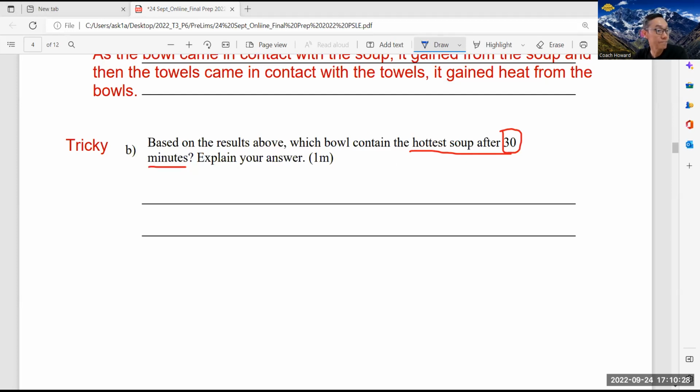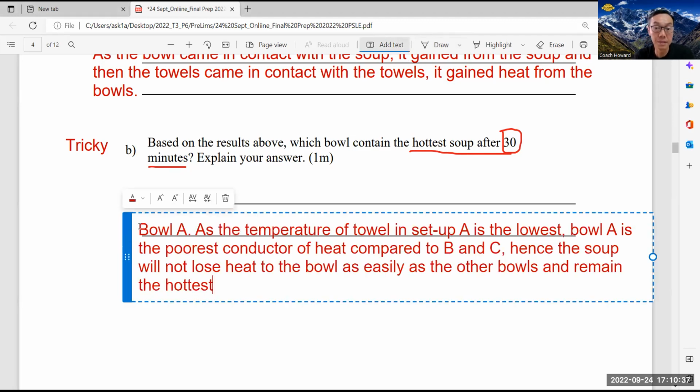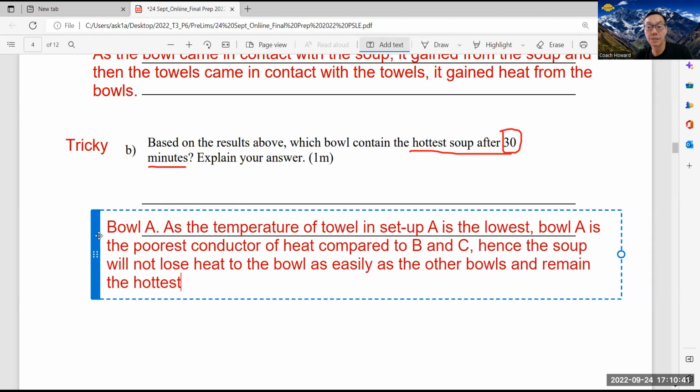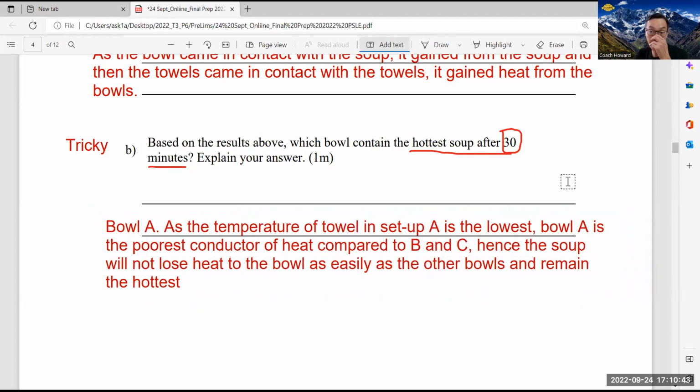Okay, so which bowl is actually bowl A. So how do you explain? You must explain in terms of the poor conductor of heat. So this is how you should explain. Take note of this explanation. So you say that bowl A, as the temperature of the towel in setup A is the lowest, bowl A is a poor conductor of heat. Or you can say the material of bowl A is a poorer conductor of heat compared to B and C. So comparison needs to be made.